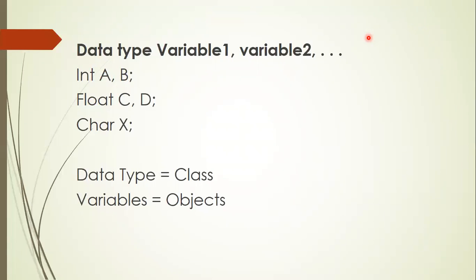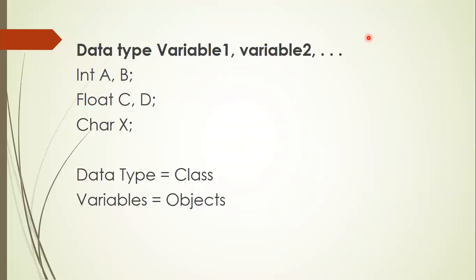So when you look at the previous declarations, the data types int, float, char just specify the type, and the data type will not take any space. The variables of that type take the space. So here the data type is equivalent to class, whereas variables are equivalent to objects.